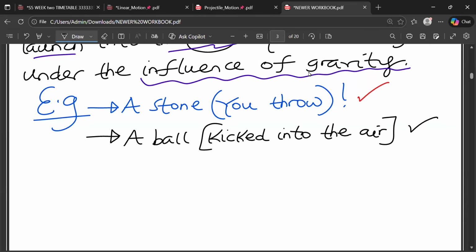Provided they say kicked into the air. Because we now know when you kick into the air, it's going to move under the influence of gravity. Now it becomes a perfect projectile. But when you just say a ball, you're wrong.